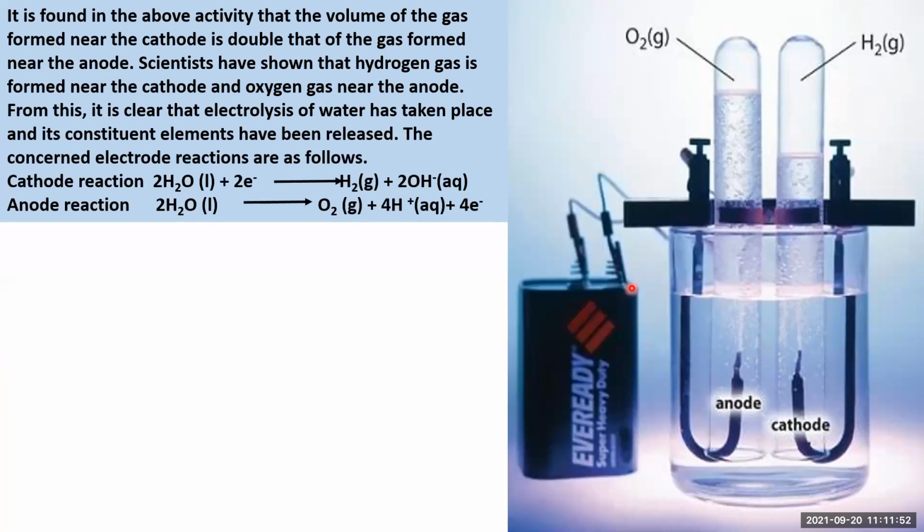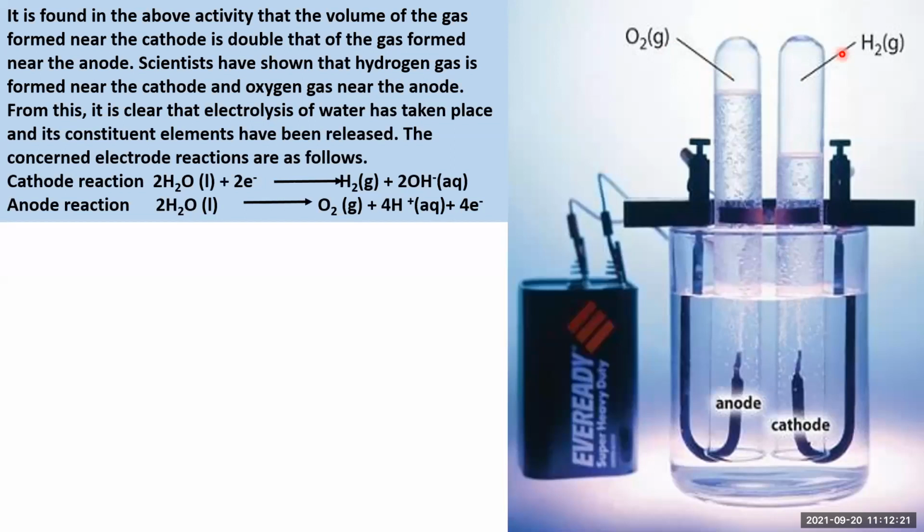After passing the current through it, the anode and cathode release a gas, and the test tubes collect those gases. In this one, oxygen is collected, and in this one, hydrogen is collected. Hydrogen is almost double in volume as compared to oxygen, because in a water molecule there is only one oxygen and two hydrogen. Therefore, the volume of hydrogen is more.